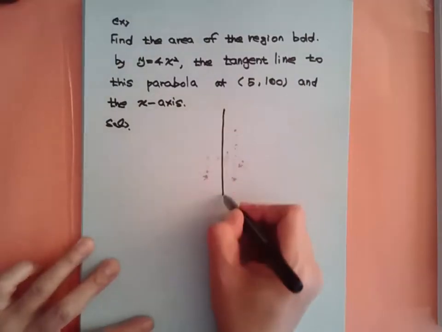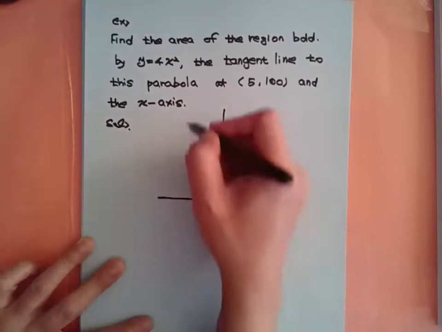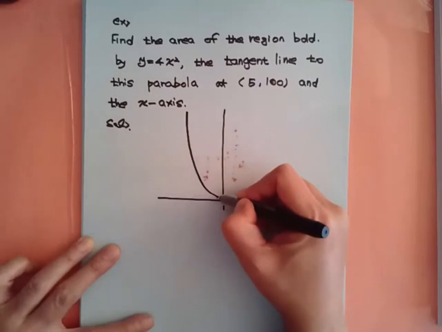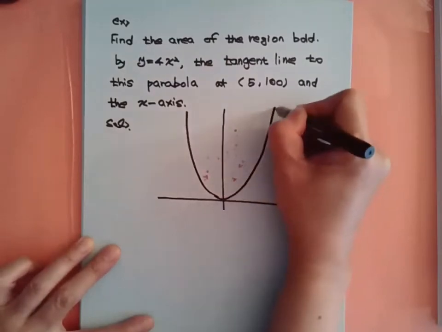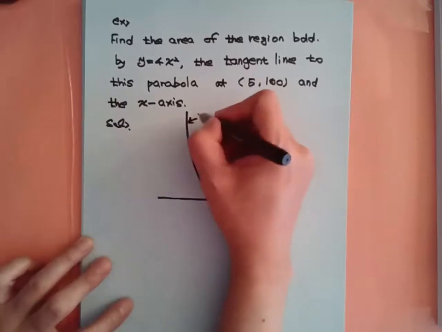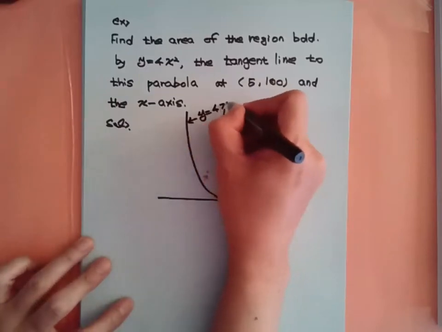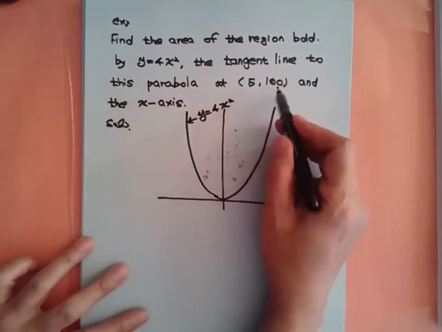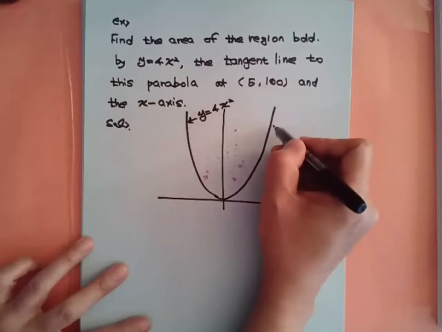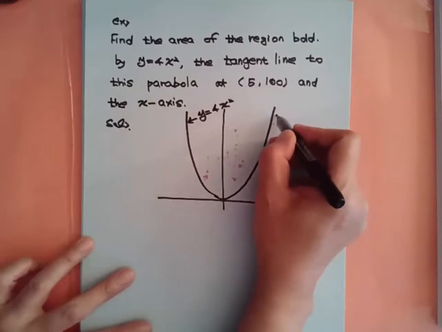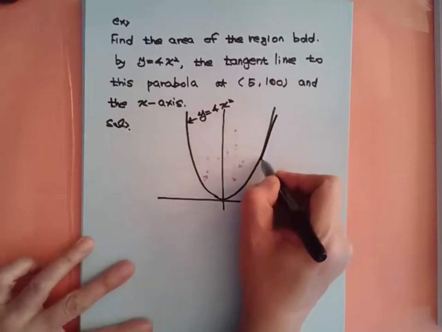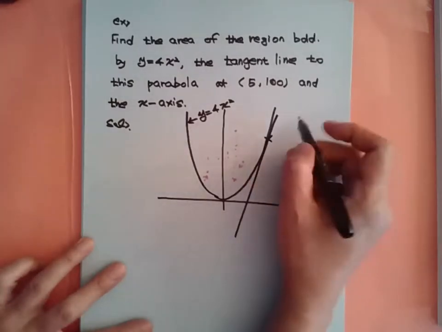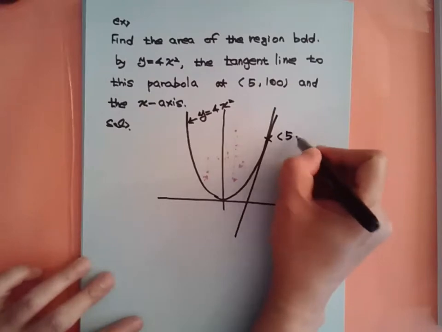If we visualize the circumstance, it looks like this. This is a parabola which opens up and passes through 0. This is y equals 4x squared. And they're talking about the parabola at 5 and 100. This is the tangent line. This intersection point is 5 and 100.